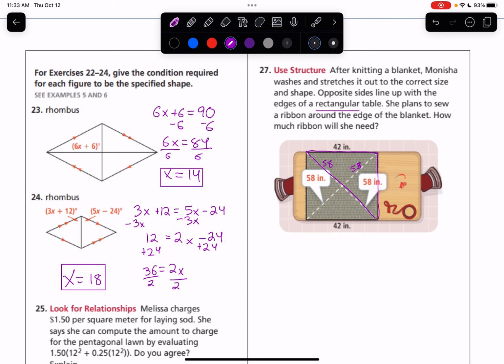So we can say 42 squared plus x squared, the side we don't know, equals 116 squared. That would be the length of one diagonal. So that's 1,764 plus x squared equals 13,456. Then solve.